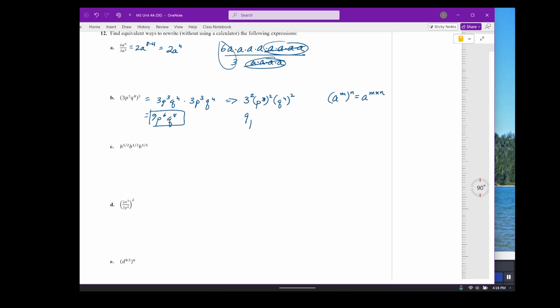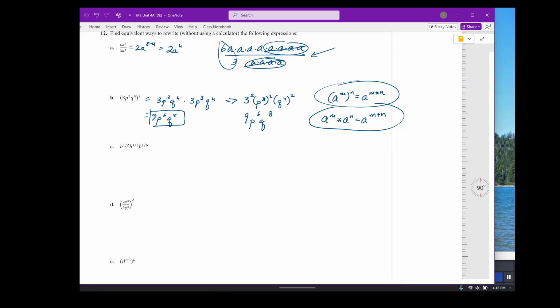So this would be p to the 6th, and this would be q to the 8th. Now you have to keep track of these different rules that we have, because it's easy to get them confused, right? If you're ever in doubt, just write it all out without worrying about the rules. Write it out like this, if that helps, right?